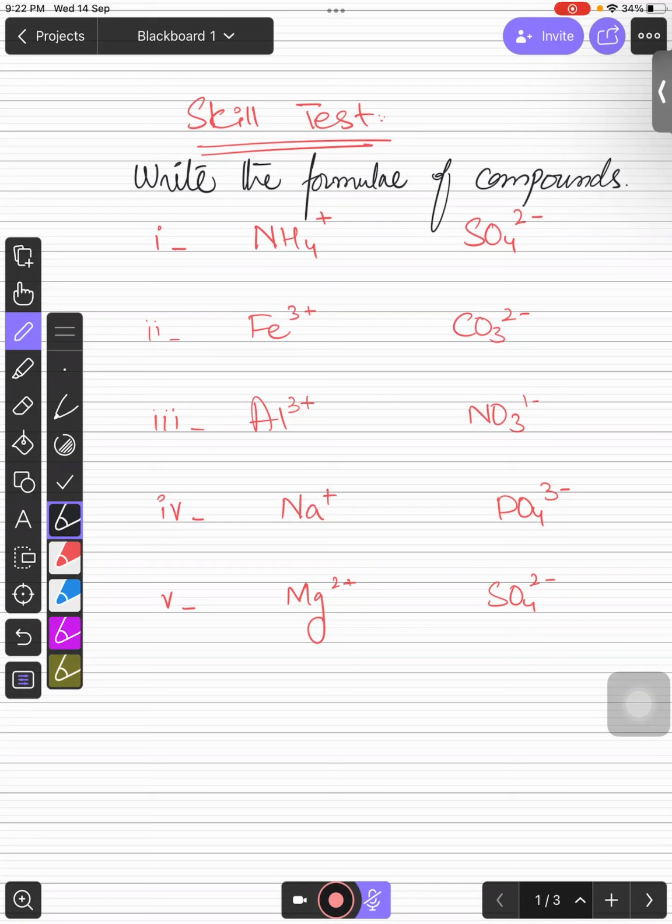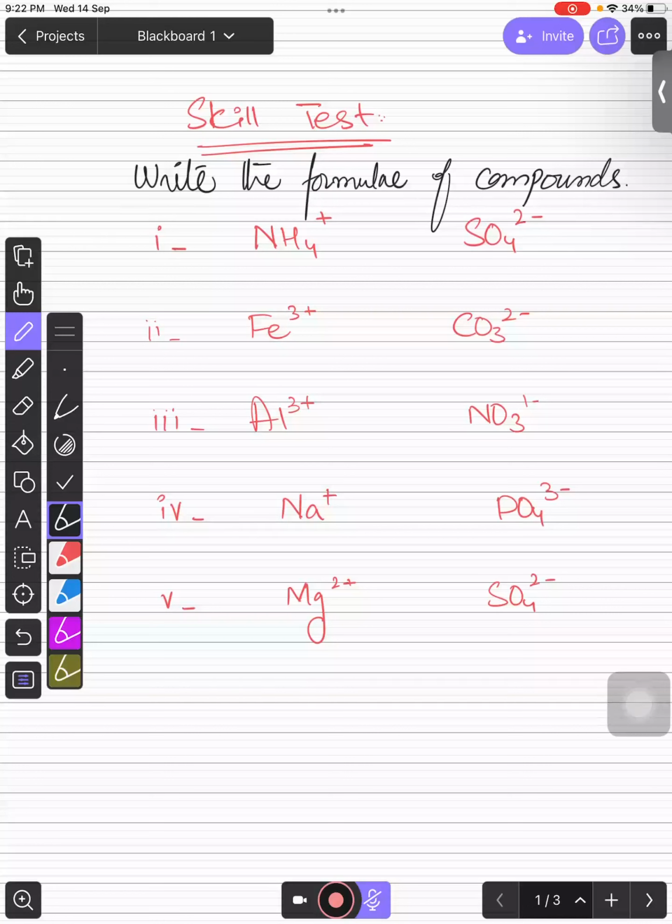Okay, so I have an answer from Parisha, and Parisha, your answer number 1 is correct, 2 is correct, 3 is correct, 4th is also correct, and 5th one is also correct. Very good, Parisha. All formulas are correct.